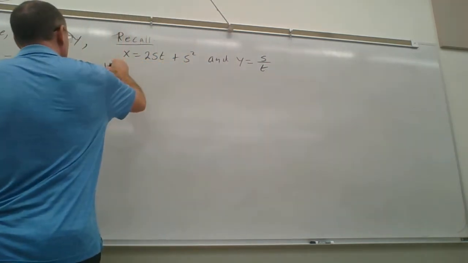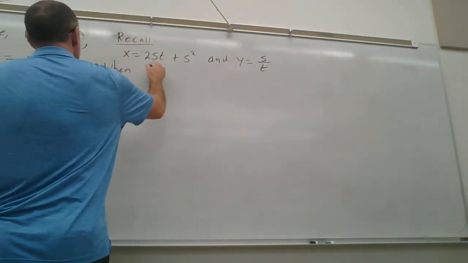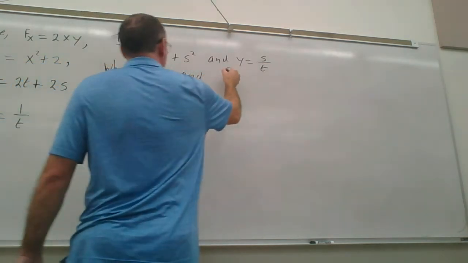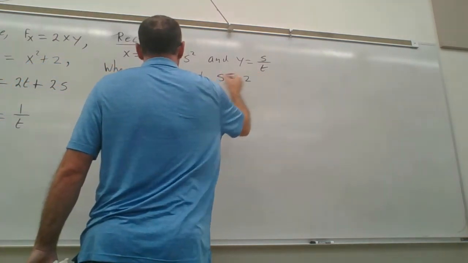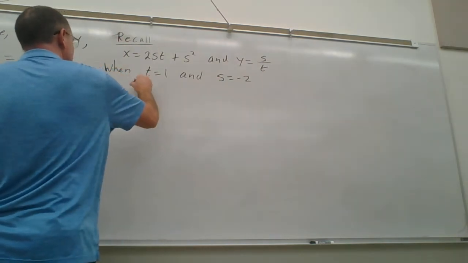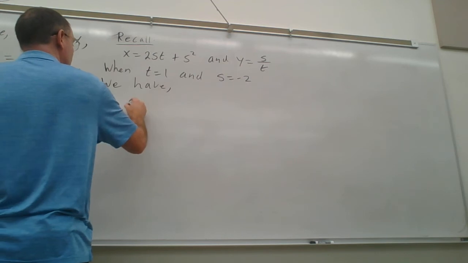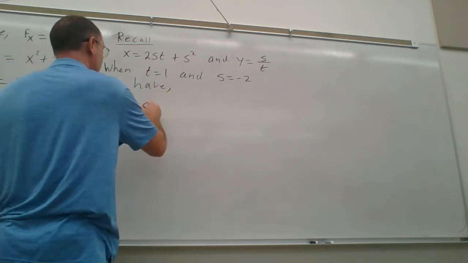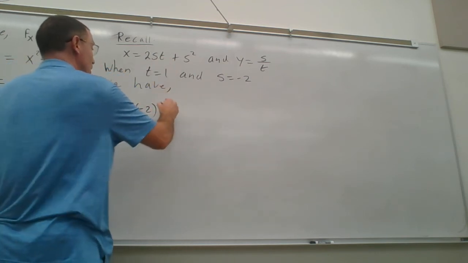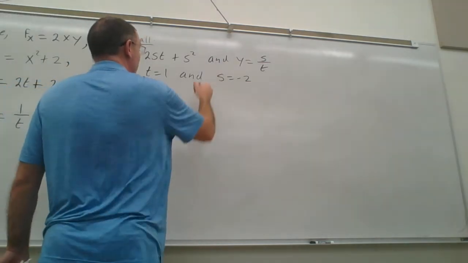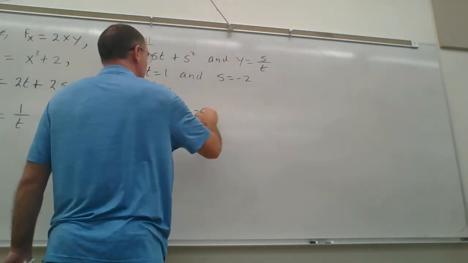So when t is 1 and s is minus 2, the x will be 2 times s, which is minus 2, times t, which is 1, plus s squared, so minus 2 squared.